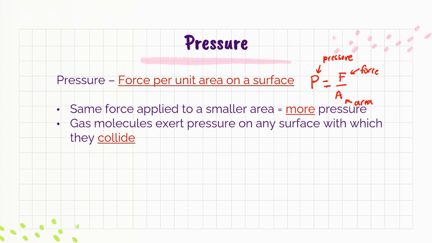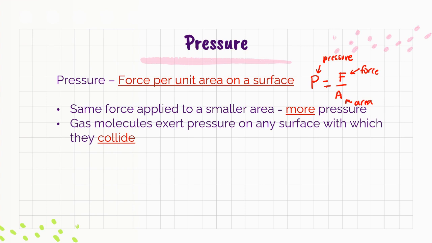So gas molecules exert pressure on any surface which they collide with. The more frequently that the gas particles hit the walls of the container, the greater the pressure, which means they're going to hit the walls more frequently and more forcefully. That's going to increase the pressure inside of the container.